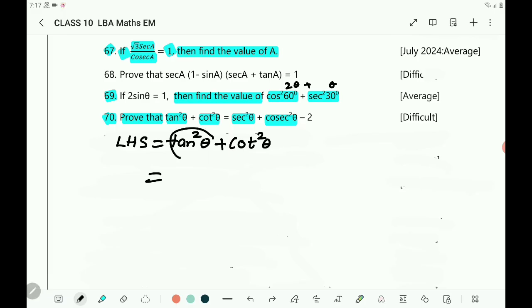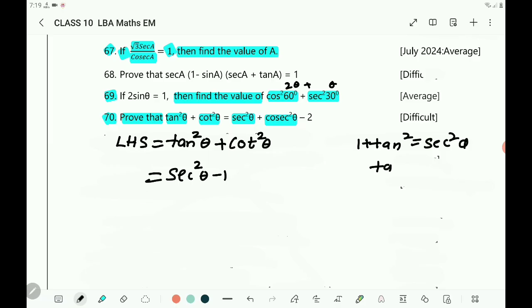So tan square theta is equal to secant square theta minus 1, because 1 plus tan square theta is equal to secant square theta.